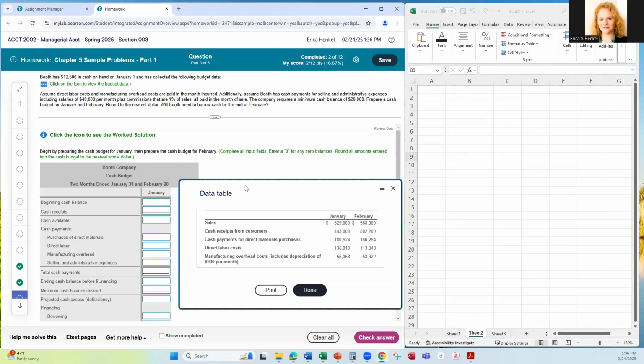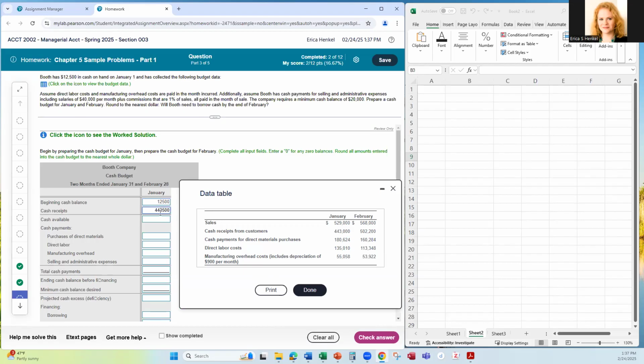All right, so some of this we can just plug right in. We have $12,500 on hand at the beginning of January. And we are anticipating these cash receipts from customers. This would be the total from the bottom of problem 10 that we did for cash receipts, assuming we've already done that cash receipts schedule.